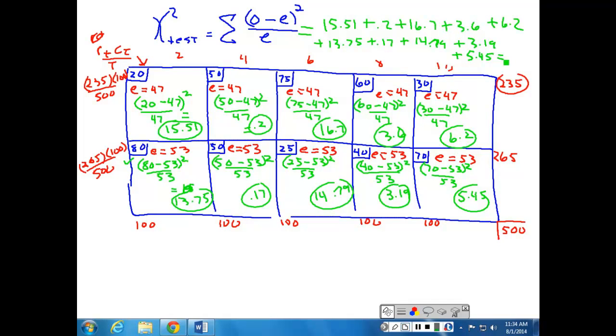That's 79.56. Do I have a second? Does anybody else get the same number, 79.56? If not, give me another number and we'll see.